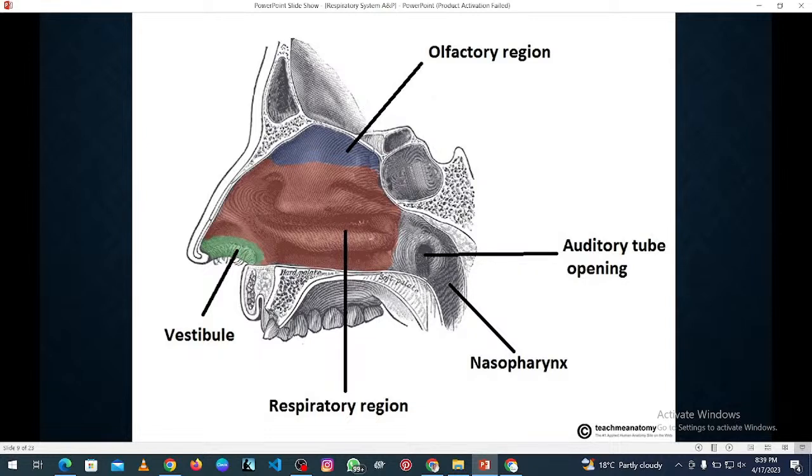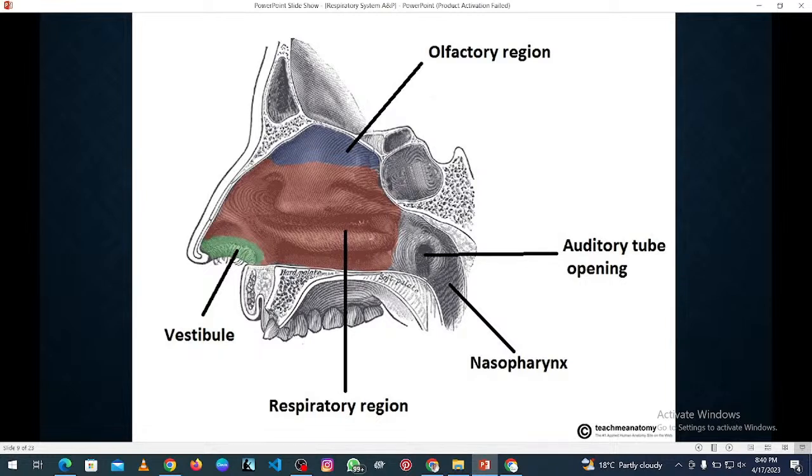And then we have the olfactory region, where we have the olfactory nerves, and this bone just above the olfactory region has some openings where the olfactory nerves can pass through and get directly connected to our brain, so that we can have the sense of smell.